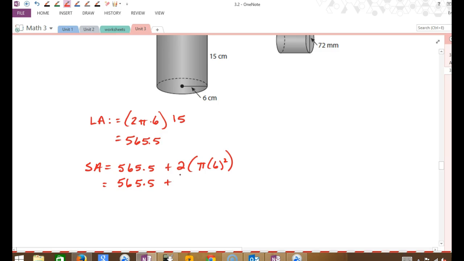What did you get? 226.2. So if you add that together, so that look good? Centimeters squared.